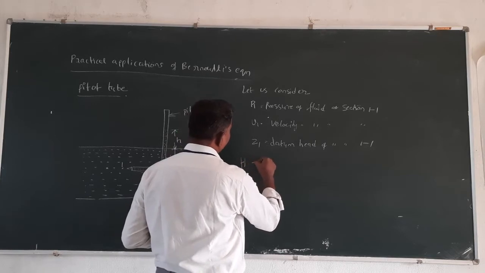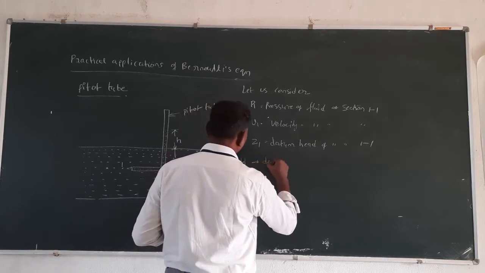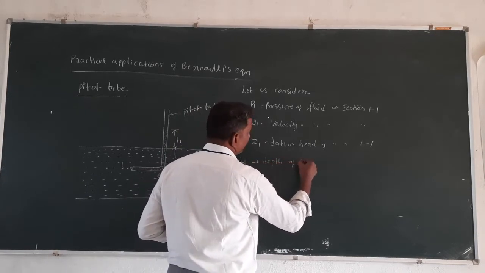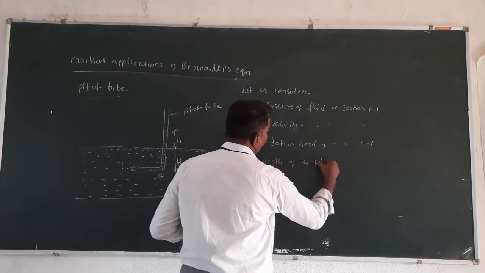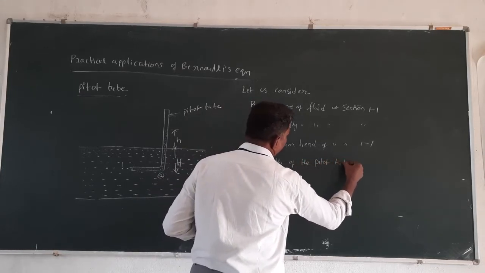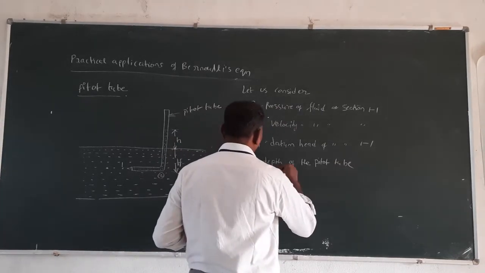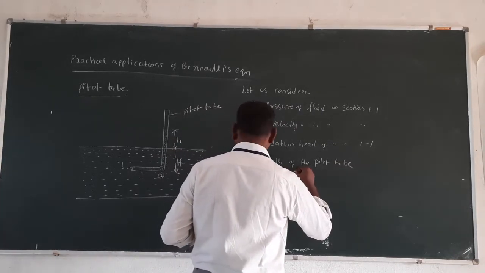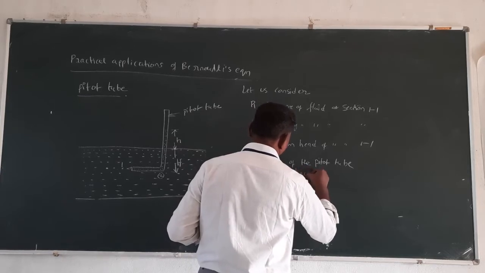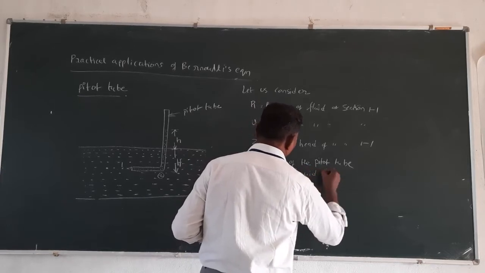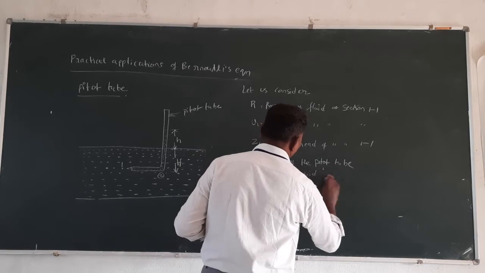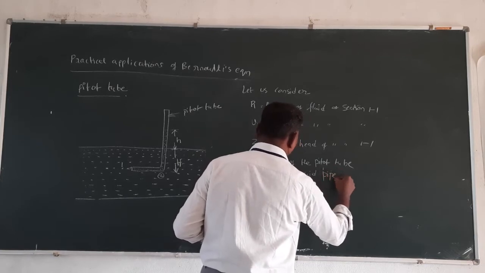Capital H is the depth of the PITOT tube in the liquid pipe.